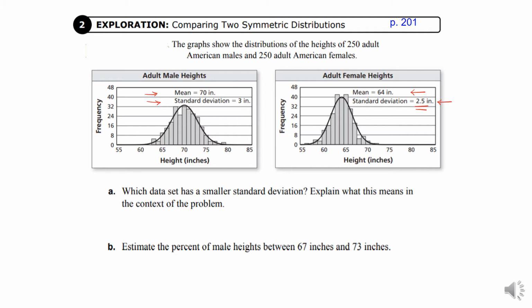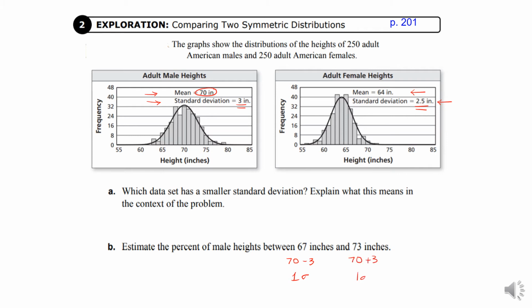Then it says, estimate the percent of male heights between 67 and 73. So remember that our mean is 70, and our standard deviation is 3. So 67 is 70 minus 3. That's 1 standard deviation. 73 is 70 plus 3.